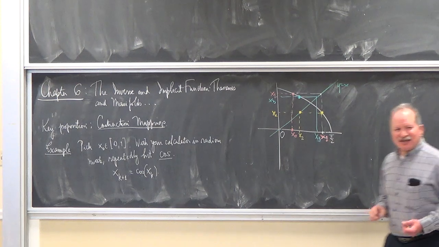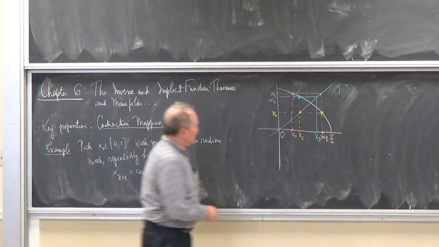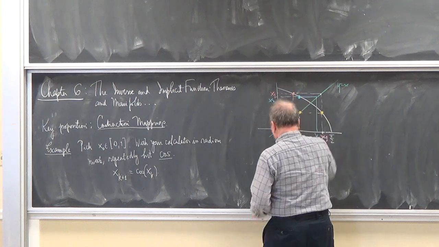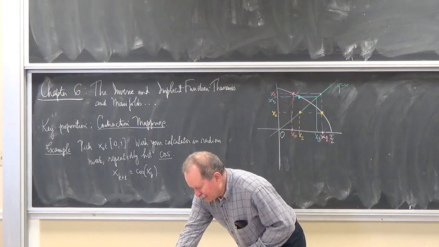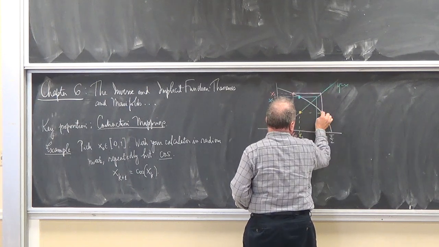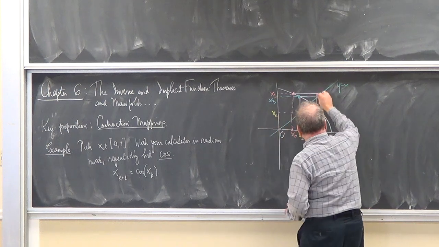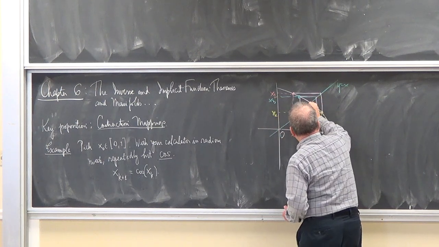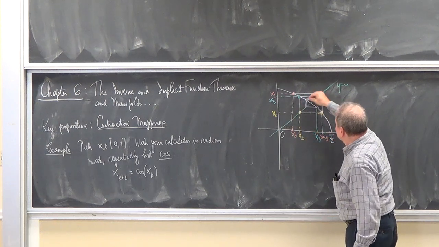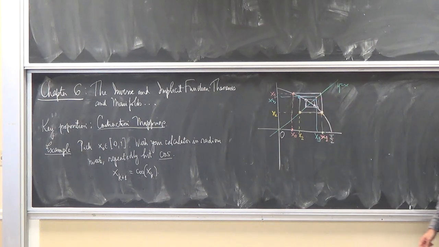So if you've never seen this, it's a really cool picture. You draw a cobweb. Start at x0, and then you trace around: x0 goes up, over, down, up, down, over, up, down.